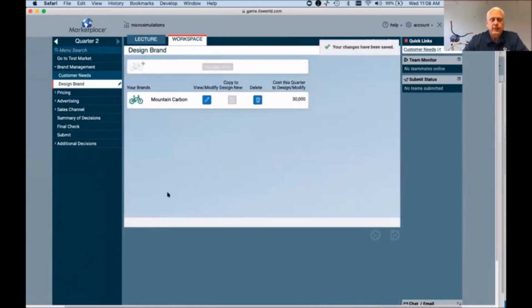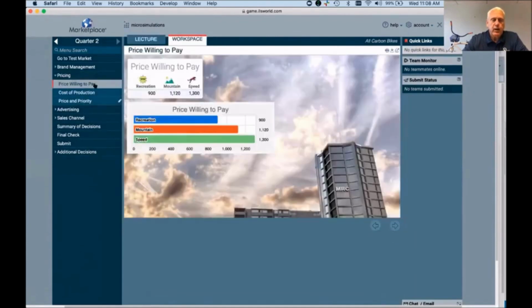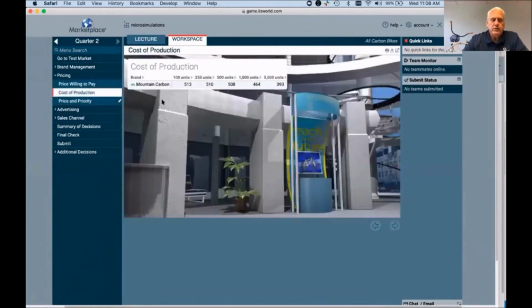All right, and in this quarter, you can only design one brand. You'll see that I cannot design a second one. So the next thing I want to do is price it. I will look at the market information for a mountain bike. It's around $1,120. And I have to figure out what it's going to cost me.